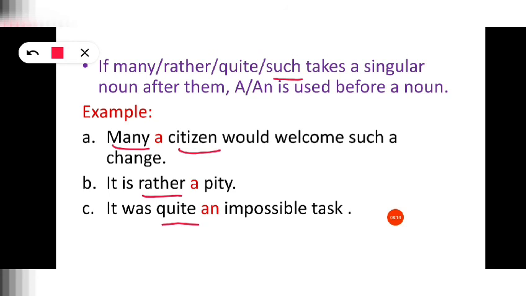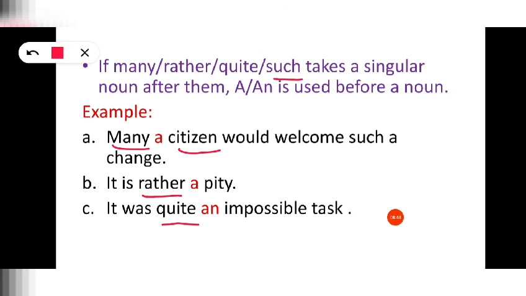So after many, rather, quite, or such, you have to use an indefinite article based on the noun which has been used, provided the noun is singular in form. Okay, it is talking about one person or one abstract noun. Okay, we know what are abstract noun, that is those which are kind of feelings, right? Or anything, it should be singular noun which is singular.